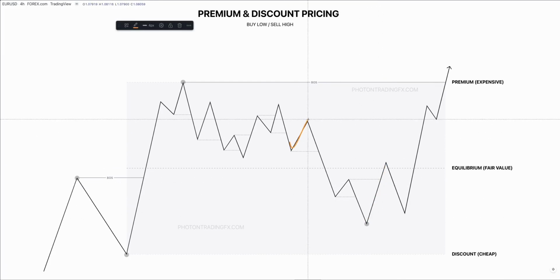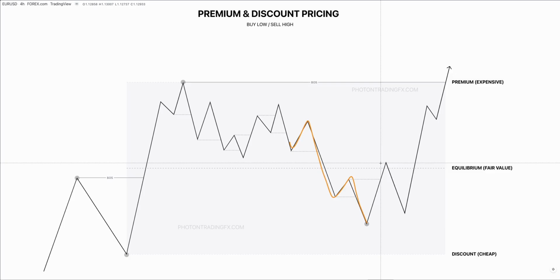So you can follow the internal structure. Now, it depends on you how much confidence you want to wait for, whether you want to start getting long straight away or whether you want to wait for the internal structure to shift bullish, all of these things. We'll get into that at a later point, okay? For how you want to be as a trader and what confirmations you want to wait for. For now, just think about this as just a piece of confluence and it's just probabilities. That's all I want you to understand at this moment.